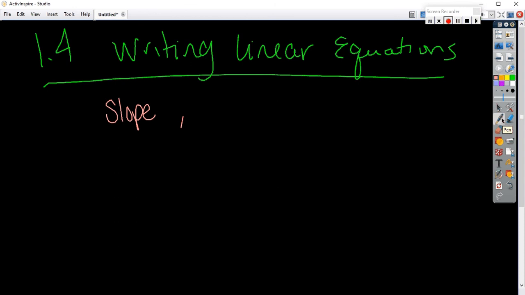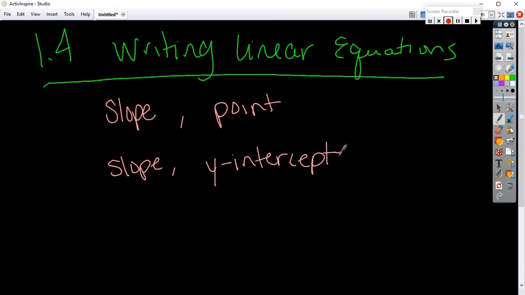You can write the equation of a line with a slope and a point, or a slope and a y-intercept, that is correct. Or you can write the equation of the line just given 2 points. I want to run through all three of those scenarios, and that'll be all I have. So we have some different forms of equations of lines.